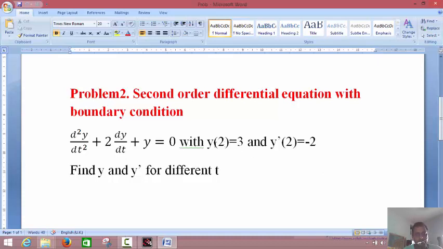At the point t equals 2, the value of the function y and its derivative are 3 and minus 2. So we have to find y and y prime for different values of t, and plot them.